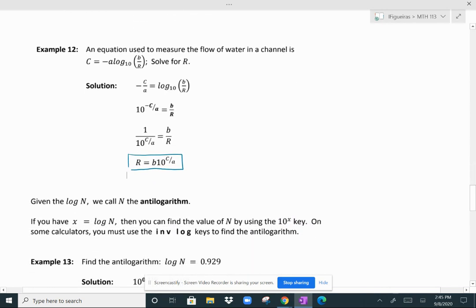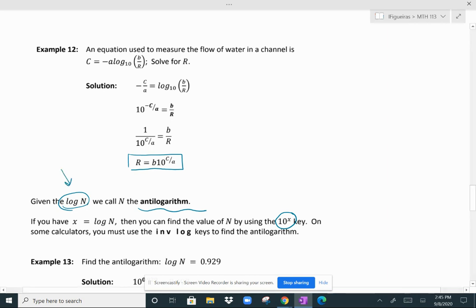Okay. If you're given that you're taking the common log of n, we call n the anti-logarithm. And the anti-logarithm, in order to evaluate that, we're going to use a key that looks like this. Some calculators have that as one of their options. And why is it 10? Because remember, the base of your common log is 10.